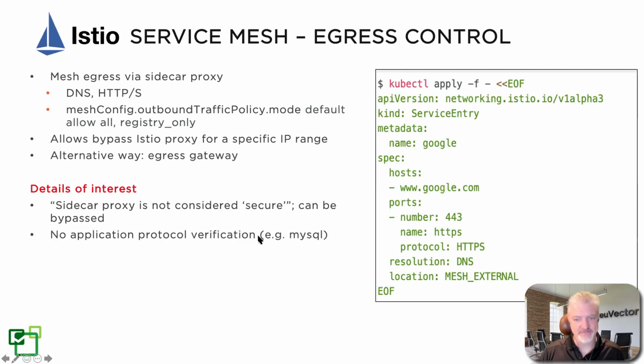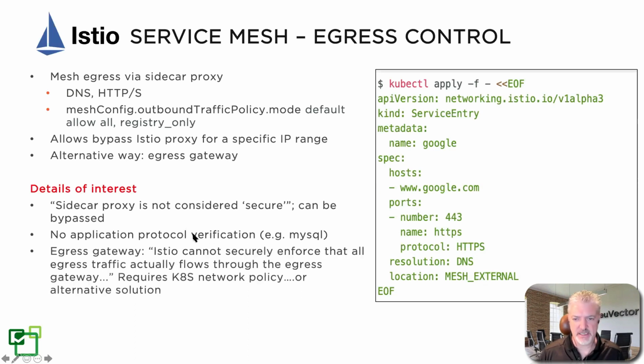So again, not reliable application protocol verification. They can identify a few, and they're really good with reliable for HTTP and HTTPS. Maybe not so much with others. In fact, I was even researching a little bit because I was looking at some TLS and how the TLS works between the sidecars.